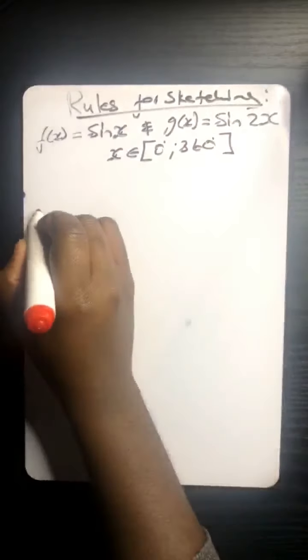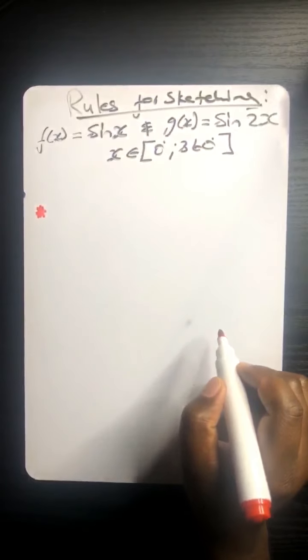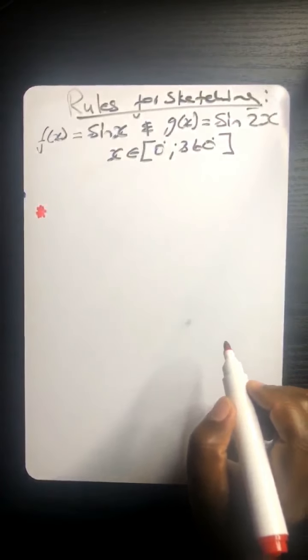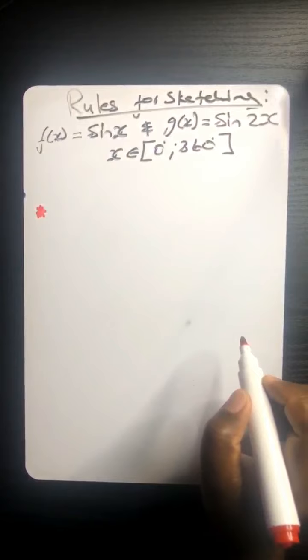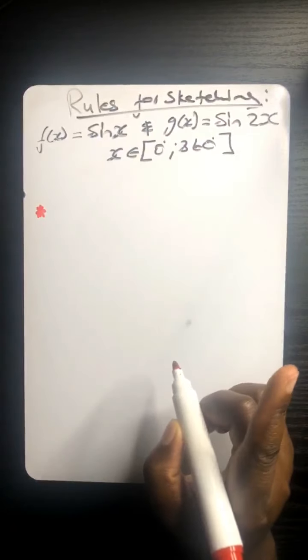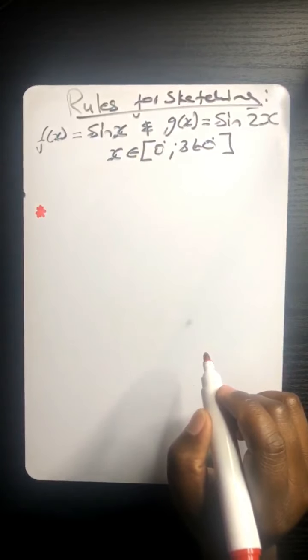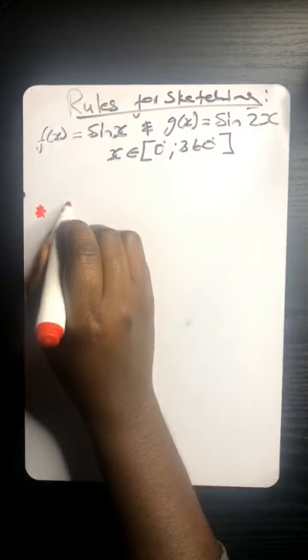So this is what I'm saying in my notes. Firstly, find the period of the graph. How do you find the period?